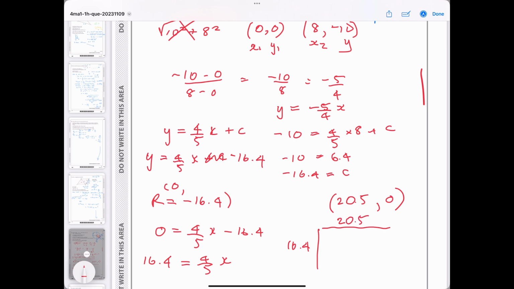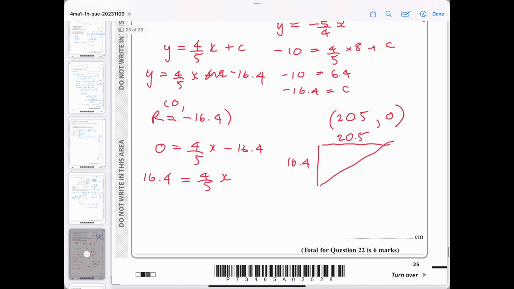And to find this, we do 20.5 squared plus 16.4 squared, and then we square root it, and we get 26.3 centimetres. I misread my calculator, it's not 28 point, it's 26.3. There you go.